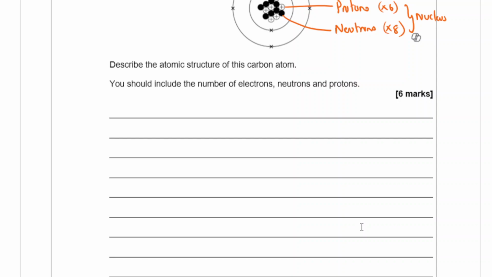So there are 6 protons and 8 neutrons in the nucleus of the carbon atom.